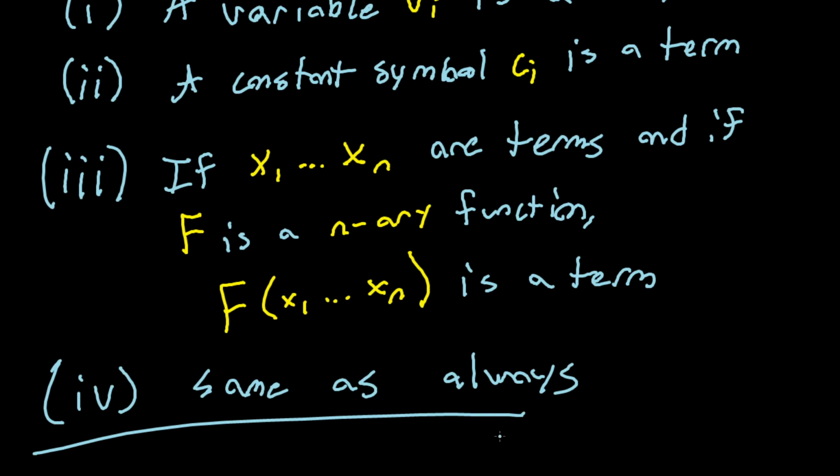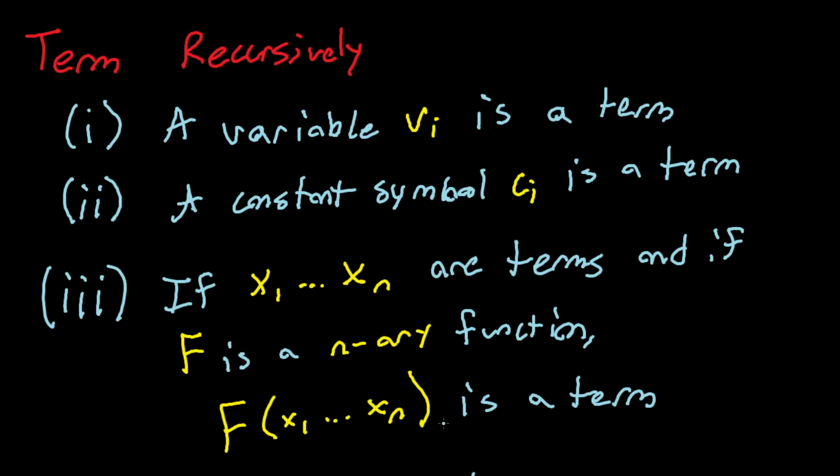The only things that are terms are the things that are variables, constants, or a finite number of applications of variables and constants. If you don't remember that bullet point 4, just go back to like video 2. It hasn't changed. So now we've defined terms.